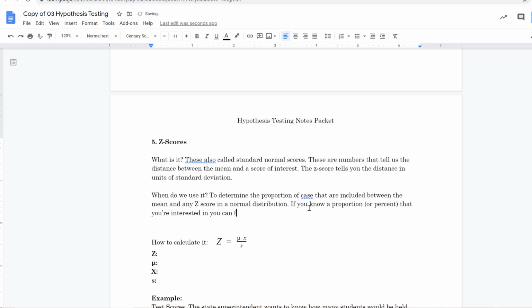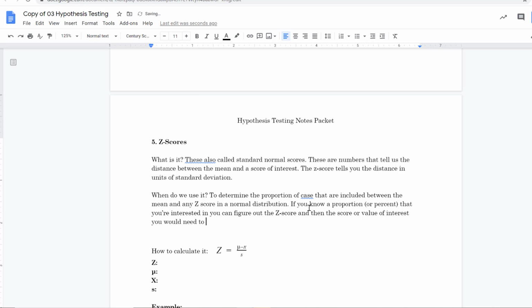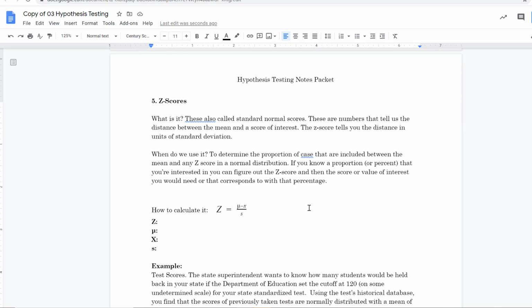You can figure out the z-score and then the score or value of interest that corresponds with that percentage. Again, if this doesn't make a whole lot of sense, just hold tight with me. Let's actually work through an example.